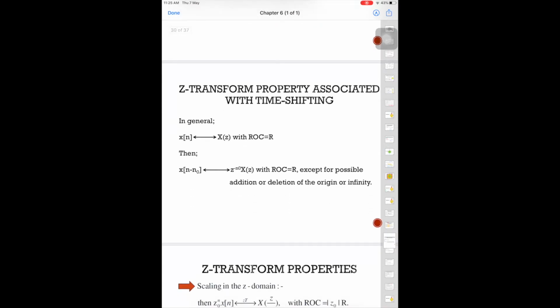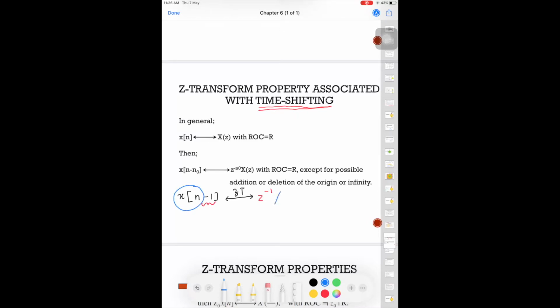Next, we have the time shifting property. For example, we have x[n-n0]. Say we have x[n-1]. The Z transform of x[n-1] is, since you have a time delay, time shifting of minus 1 gives z^-1 times X(z), where the Z transform of x[n] is X(z).